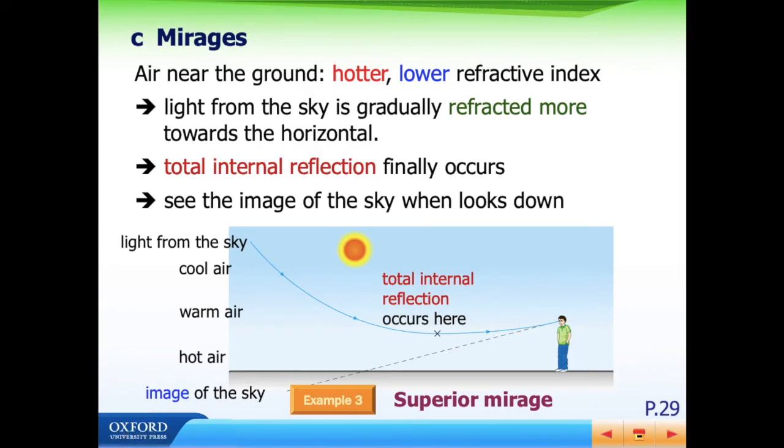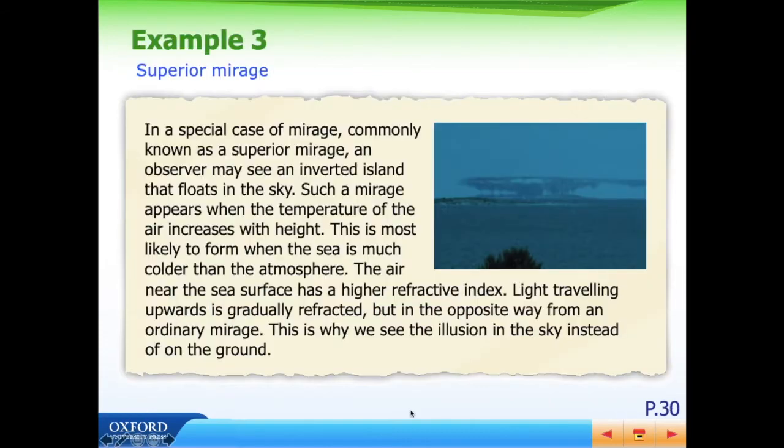To deepen our knowledge about total internal reflection, let us have example number 3, entitled Superior Mirage. In a special case of mirage, commonly known as superior mirage, an observer may see an inverted island that floats in the sky. Such a mirage appears when the temperature of the air increases with height.